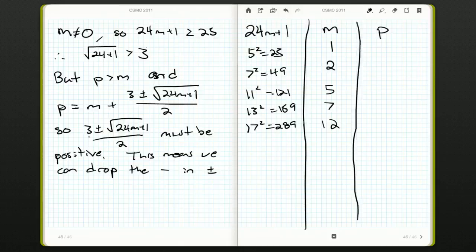So that's 3 plus 5 divided by 2. That's 4. 1 plus 4 is 5. 3 plus 7 is 10 divided by 2, so that's 5. 2 plus 5 is 7. 14 over 2 is 7, so that's going to be 12. 13 plus 3, that's 16, so 8, that's 15.